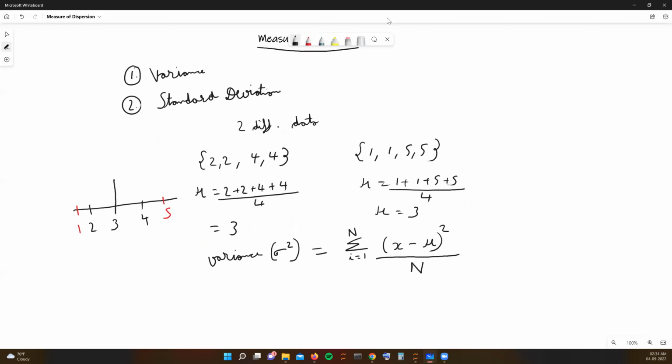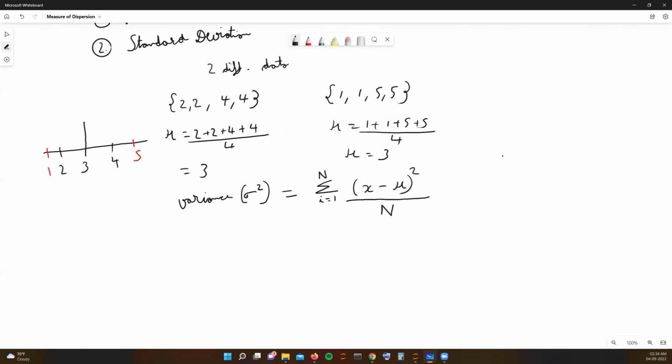So this is your formula for variance. In a similar way, standard deviation, which I'm denoting by STD, is nothing but the root of variance. So the formula will be this only, only a root will be added here.